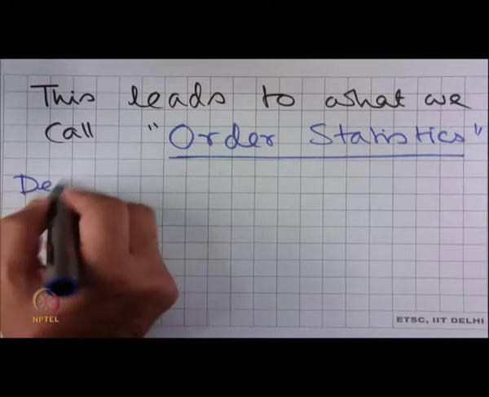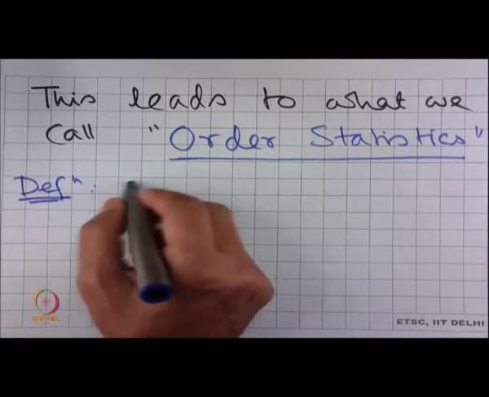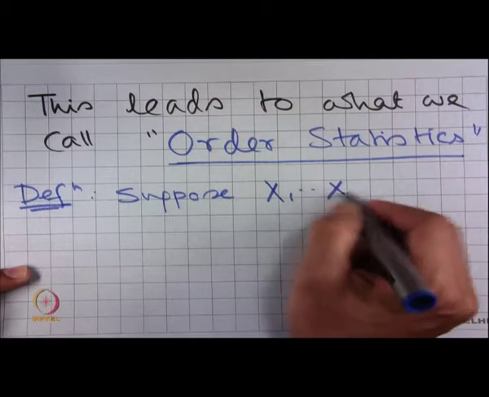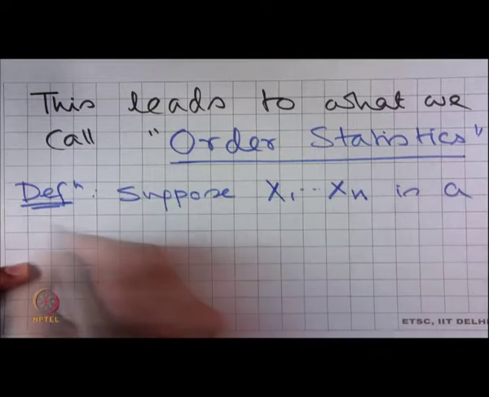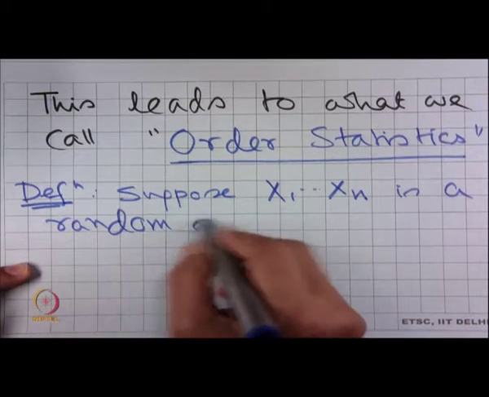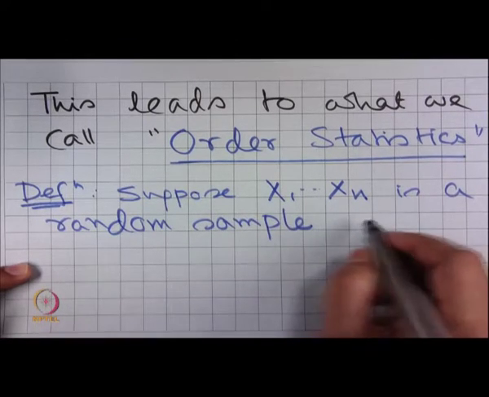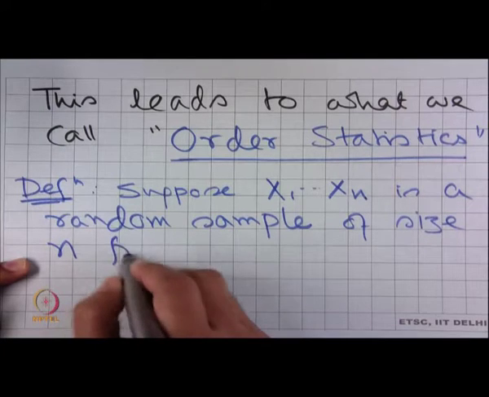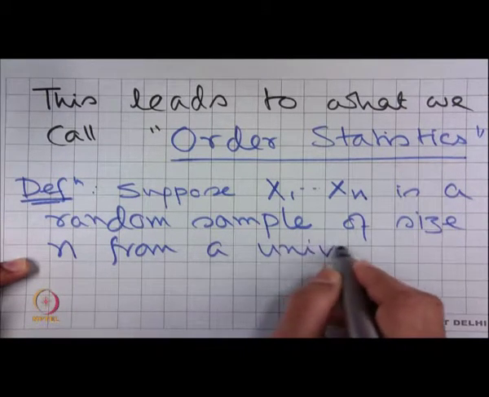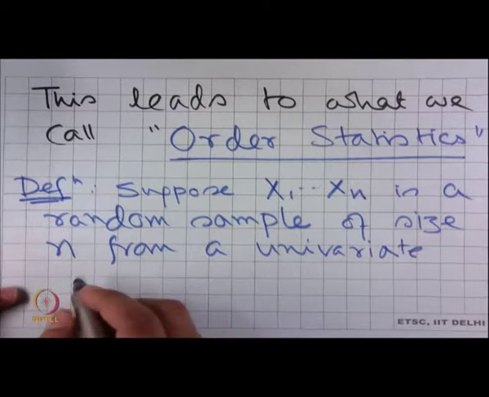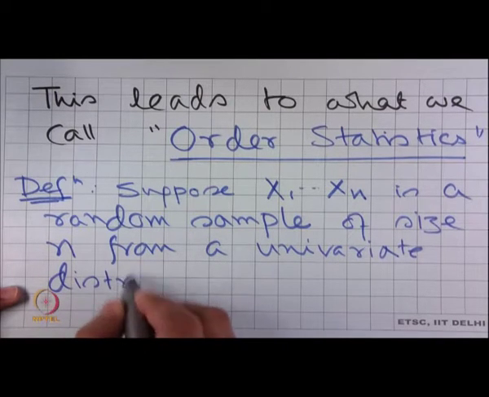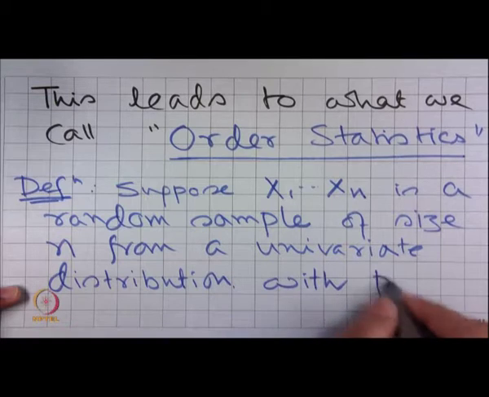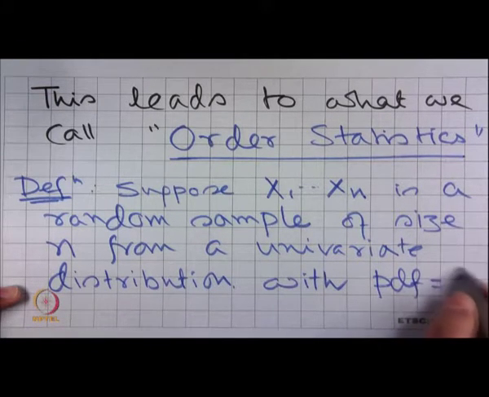So, definition: suppose x 1, x 2, x n is a random sample of size n from a univariate distribution with PDF equal to f x.